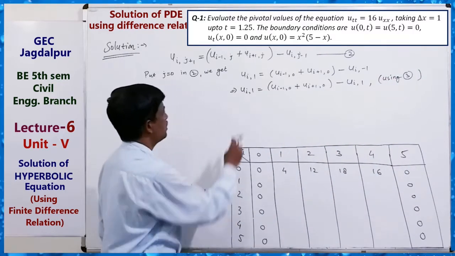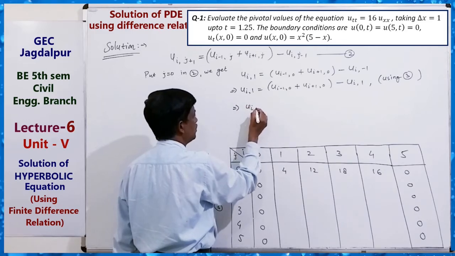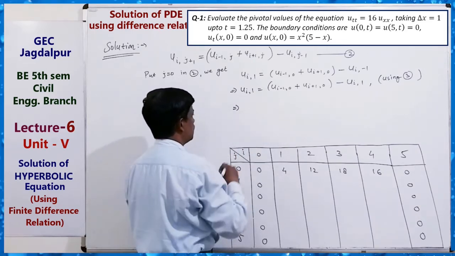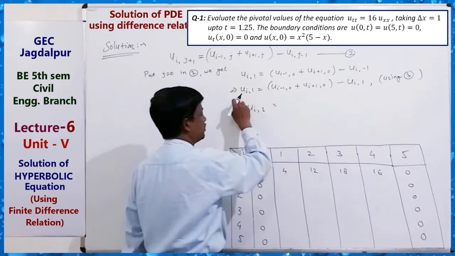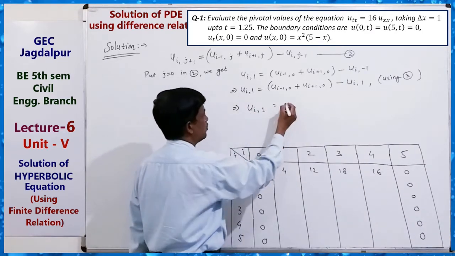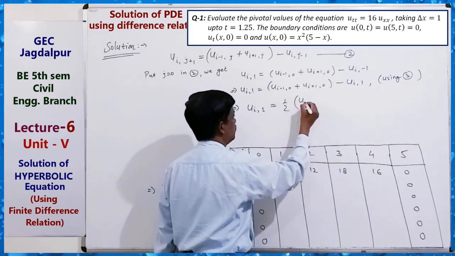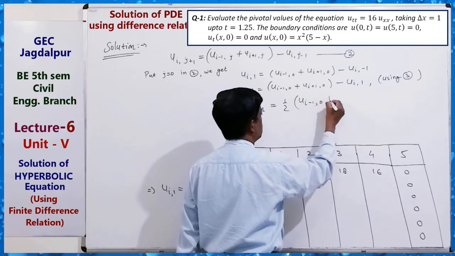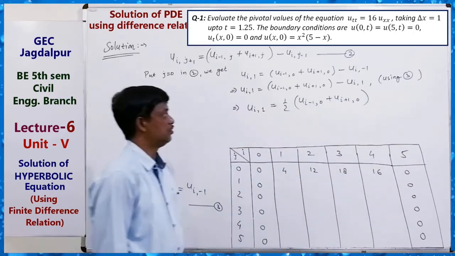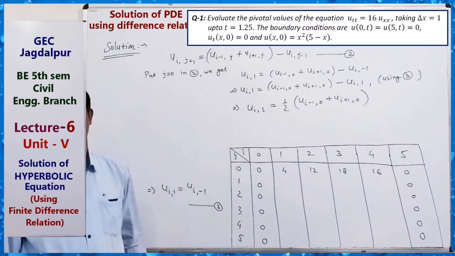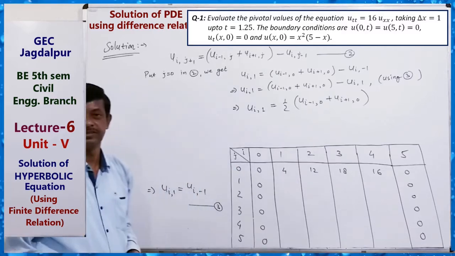Clear? So from here we get u I 1, transfer to here, 2 times, so it goes like this: u I minus 1, 0 plus u I plus 1, 0. We get this formula, and from this formula we can get values.